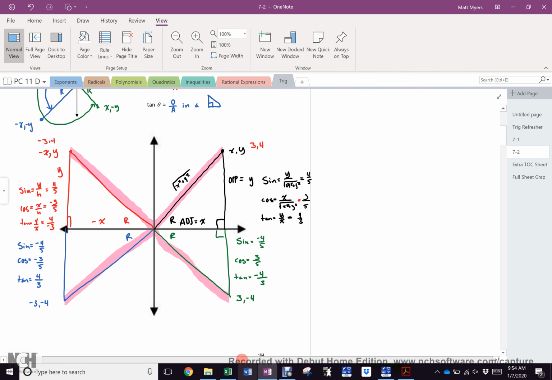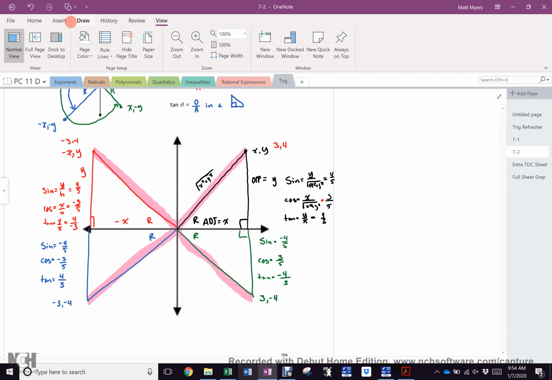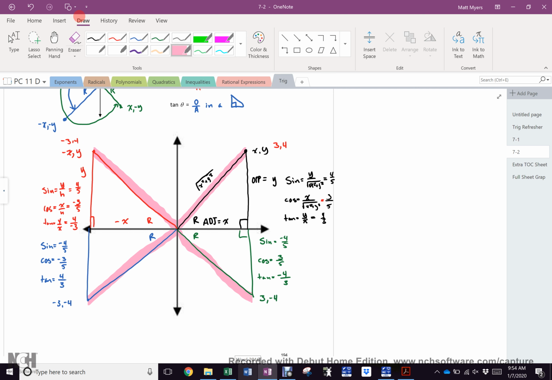Alrighty. So now you should recognize, what do you see is the value of all three in quadrant 1? The trig ratios are all positive.